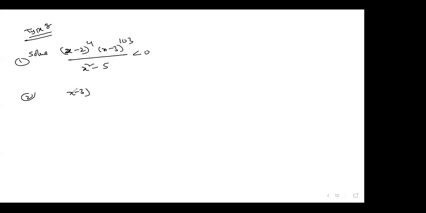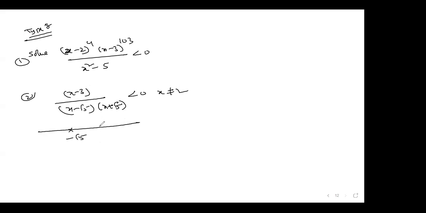Right? x minus 3 you have to take. Here x minus root 5 and x plus root 5 less than 0, but remember x should not be equal to 2. On the number line you have to plot minus root 5, this is root 5, this is 3. Less than is there?